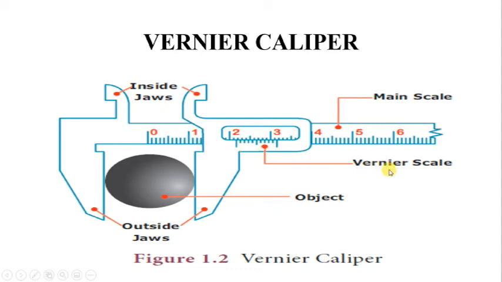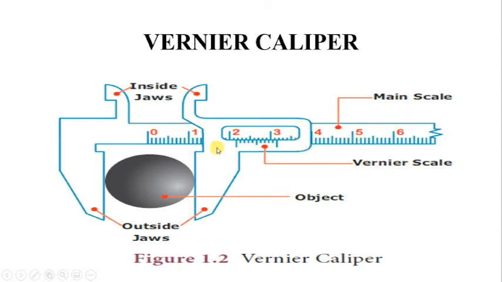And a vernier scale: this box is the vernier scale. In the vernier scale, only 1 centimeter has been marked, but in the main scale around 16 or 20 centimeters will be marked. With the help of that we can identify the main scale and vernier scale.